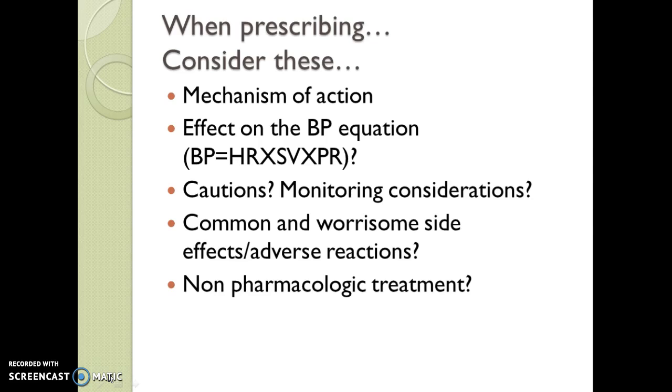So we also want to think about what kind of cautions we might have for this patient. What are the monitoring considerations that we have? Is this a person who has, say, liver disease, so that we have to be careful of drugs that are metabolized by the liver? Are they a patient for whom we'll need to watch certain laboratory studies because of the drug? We'll talk about that a little bit later too. We also want to think about common and worrisome side effects and adverse reactions.